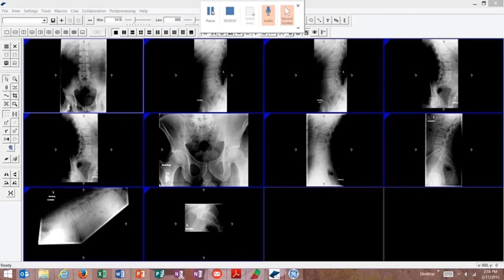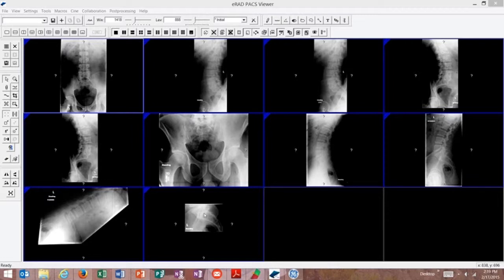Okay, so here you see we have the images, and I believe this is an 8-view lumbar spine series. Up here we see that these oblique views are duplicated. This is the left oblique, and this is the right oblique, and those are duplicated. So this is a 1, 2, 3, 4, 5, 6, 7, 8-view lumbar spine series.